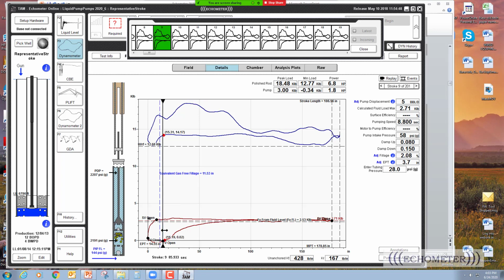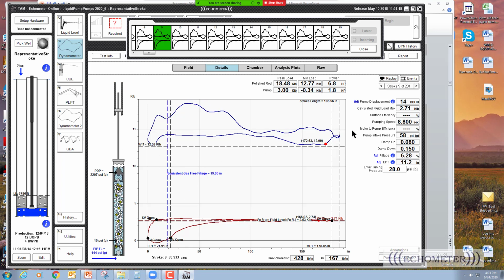Let's see, move a little more that way. There's close, 14 versus 16. But anyway, it's not a very full pump card, and the pump intake pressure is low, and this well has a lot of gas. They need to run a down gas separator in this well to get the gas out of the pump, and they probably would increase production.